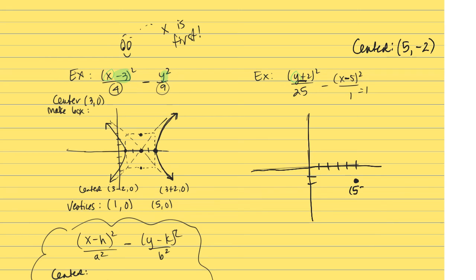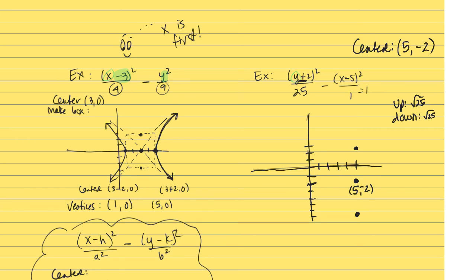Now the square root of y: I move up square root of 25 and down square root of 25, right? So you're looking at whatever the denominator on the y is, that's what you move up and down. So I go up 1, 2, 3, 4, 5, and I move down 1, 2, 3, 4, 5.